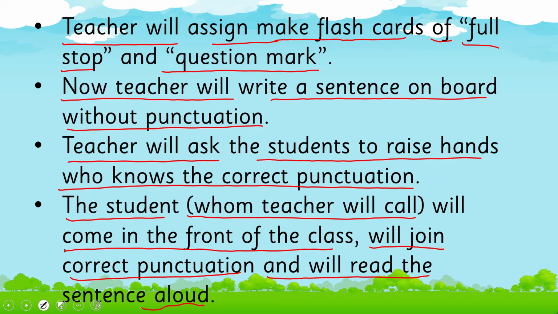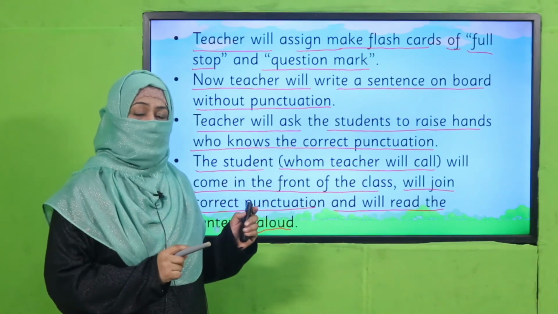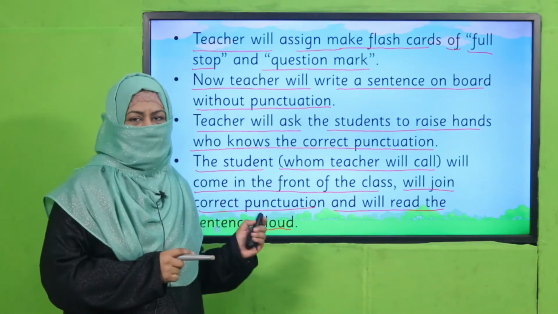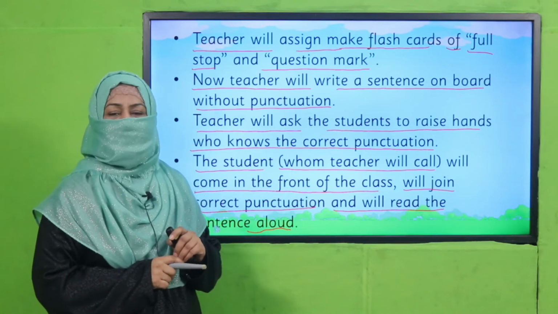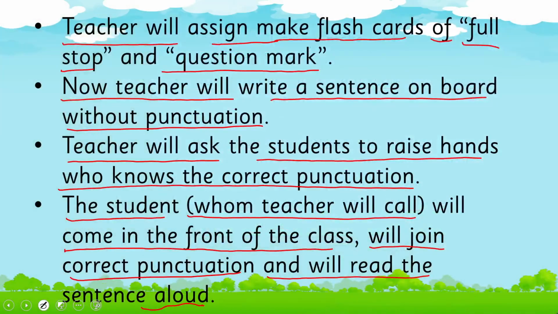Right? Like two students are holding full stop and question mark. You have to identify correct punctuation, go to that punctuation, say the sentence and complete that with punctuation. All right. So I hope you are going to enjoy this activity. Pause the video, enjoy this activity and then come back.